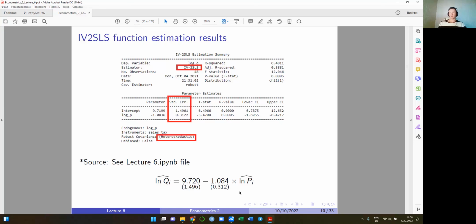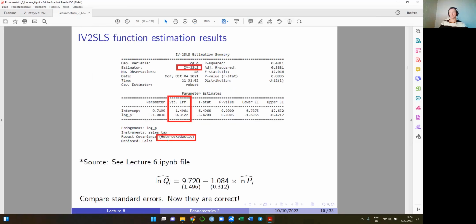So given the size of coefficients, even this small difference might be crucial for making statistical inference, because the standard error here is smaller, and it might influence our decision about whether the coefficient is significant or not. And of course, we need to apply the heteroscedasticity-robust standard errors in this case. So now standard errors are correct once we apply a special function in Python to estimate these coefficients.